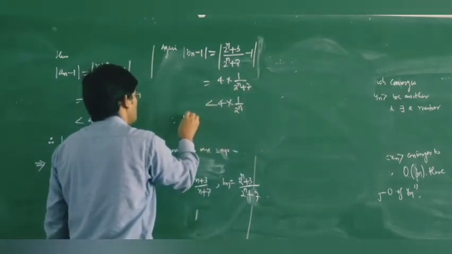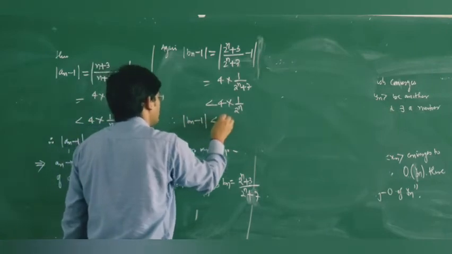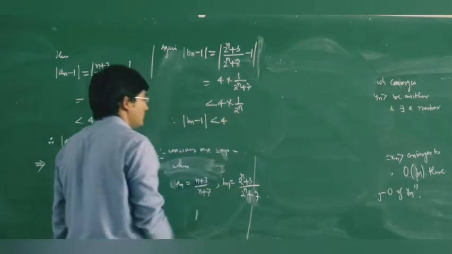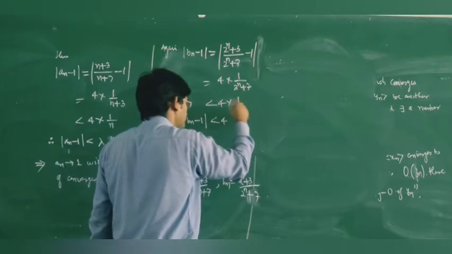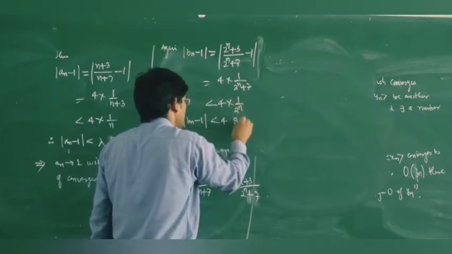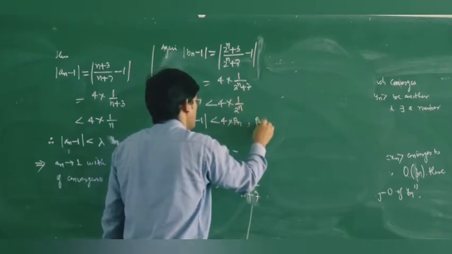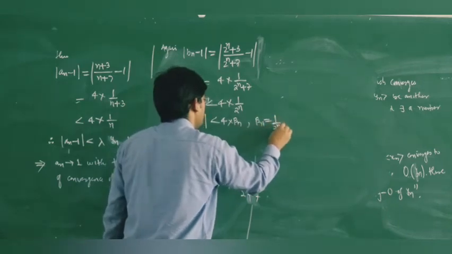So therefore your bn minus 1 is less than 4 into beta n, where your beta n is 1 by 2 power n.